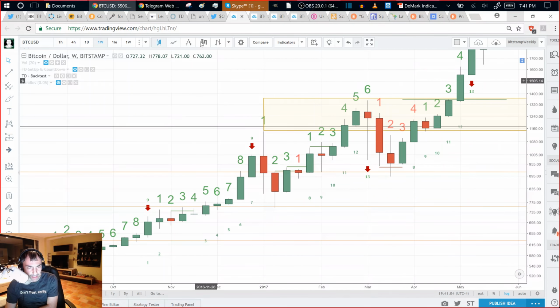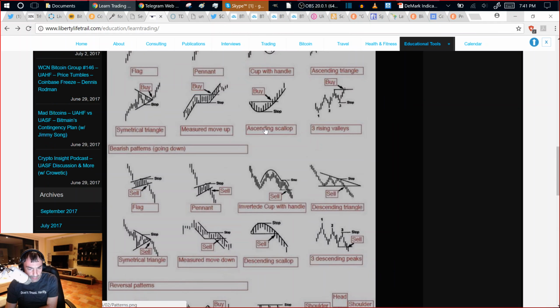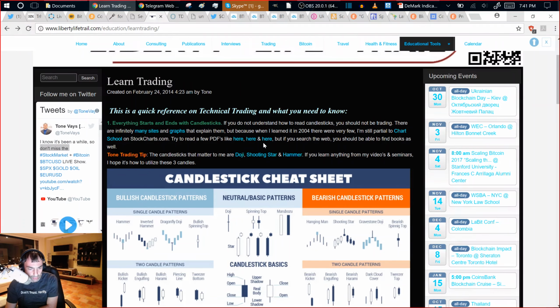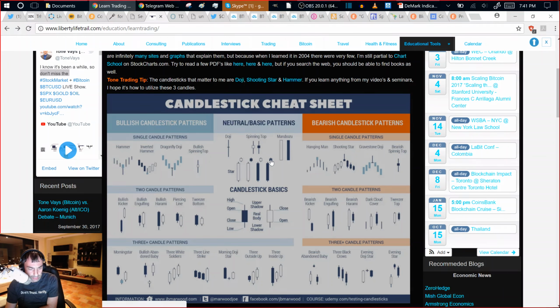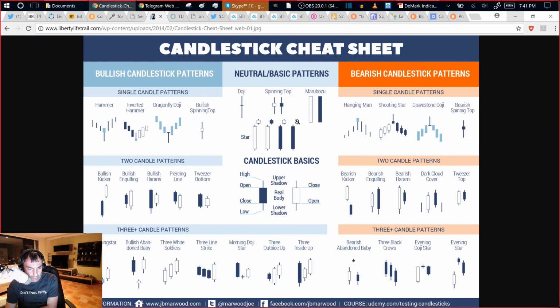And I have my favorite reversal candles, and I talk about them on my website as well. I have a whole graphic for candles right here. I'm not a big fan of the hanging man, but a shooting star, a gravestone doji, a spinning top, or just a regular doji. So these are my favorite reversal candles that I look for.